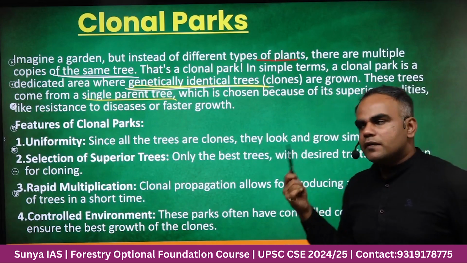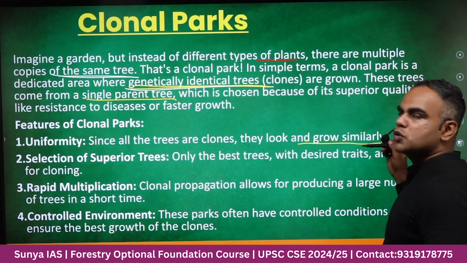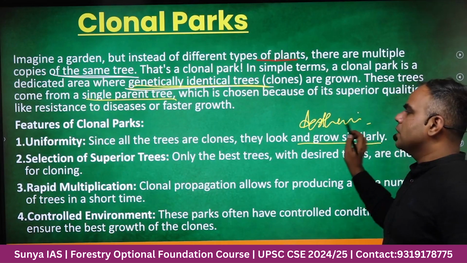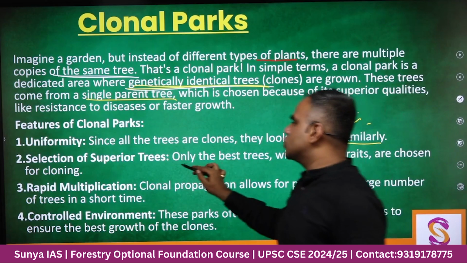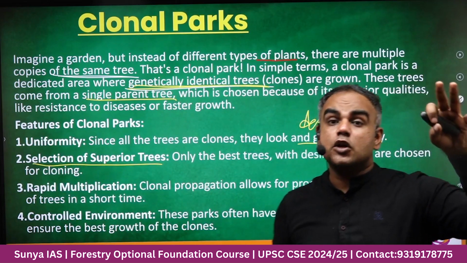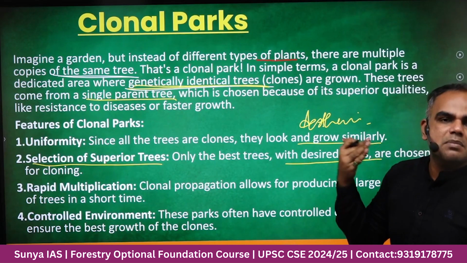What is the feature of this? Okay, so of course one is uniformity. All the trees are clones, they look and grow similar. Again, aesthetic wise this is better. Okay, and then you can also choose superior varieties. So within trees also, let's say there is one superior variety, you're cloning it, so that can be done. You can also get the best desirable traits.